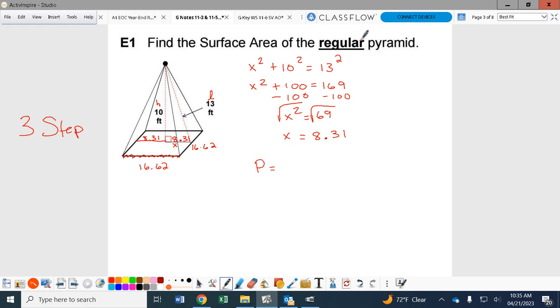The perimeter of any regular polygon is found by taking the number of sides, 4, and multiplying by the length of the side, which in this case would be 16.62. Y'all multiply that. Tell me what you get. 66.48? Yes. Okay. The area of the base is going to be found by doing length times width, side times side, whatever you want to call it. So it's going to be 16.62 times 16.62.